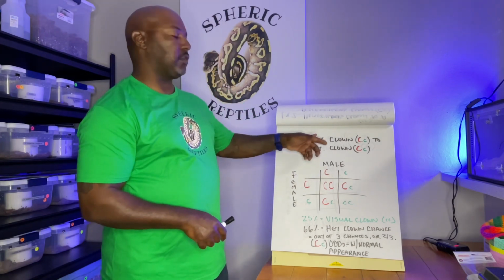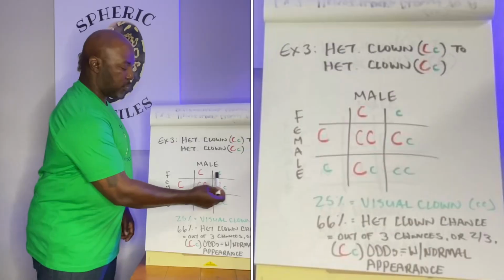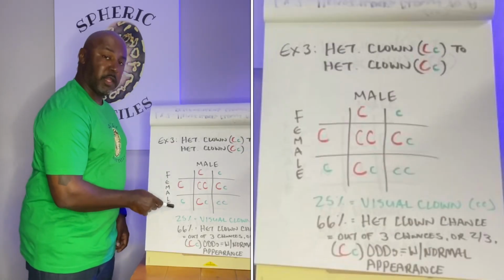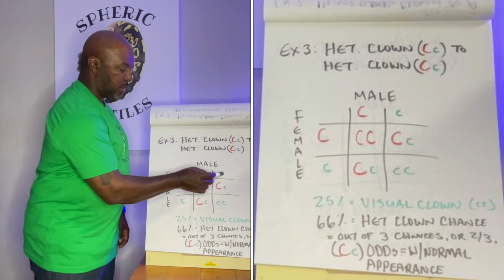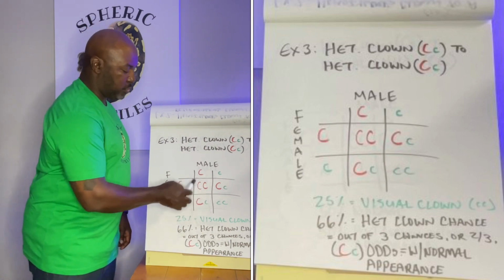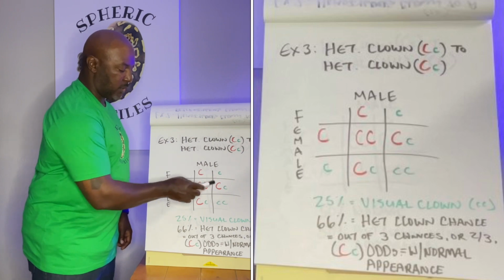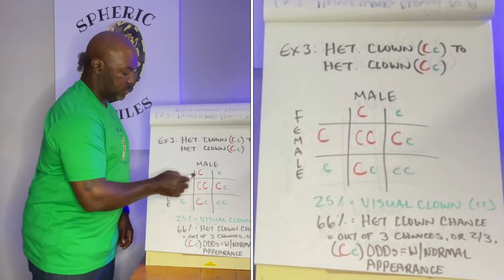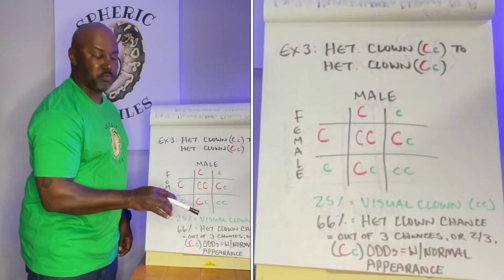But in this case, we're going to talk about clowns, just to keep it consistent. So I got a heterozygous male and heterozygous female. You can see where the big C's are the normals and the smaller C's are the recessive clown traits. So you do have a 25% chance of getting that normal, just all the way normal. There's no clown recessive trait in it.